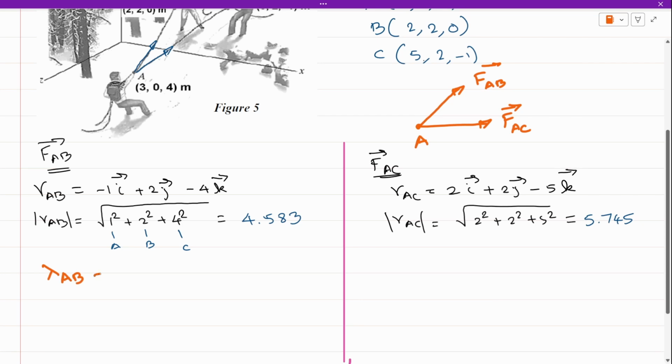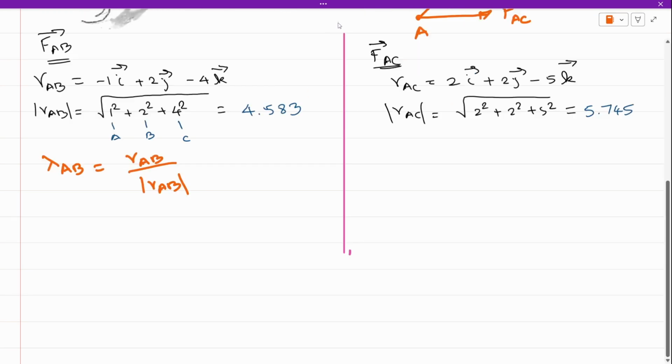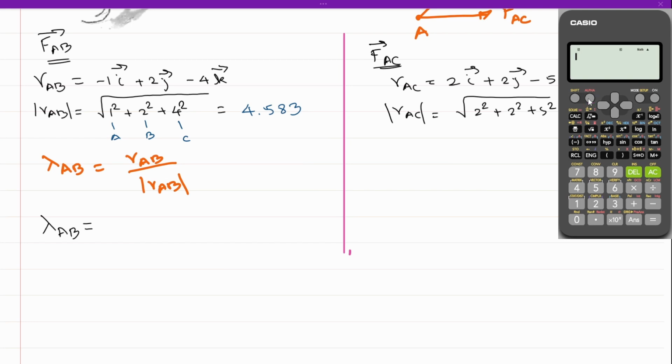Next, we are going to identify lambda AB. Lambda AB is equal to RAB divided by modulus of RAB. Again, to identify this lambda AB, we can use the expression alpha A divided by 4.583 as an equation and identify the components one by one. Press calc. First A is -1. We are getting minus 0.218, so minus 0.218 I vector.